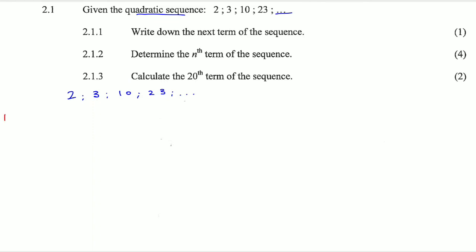Now we'll write down the first difference. So from 2 to 3, we're adding 1. From 3 to 10, we're adding 7. And from 10 to 23, we're adding 13. Now, if we knew this value over here, we could find the next term of the sequence.